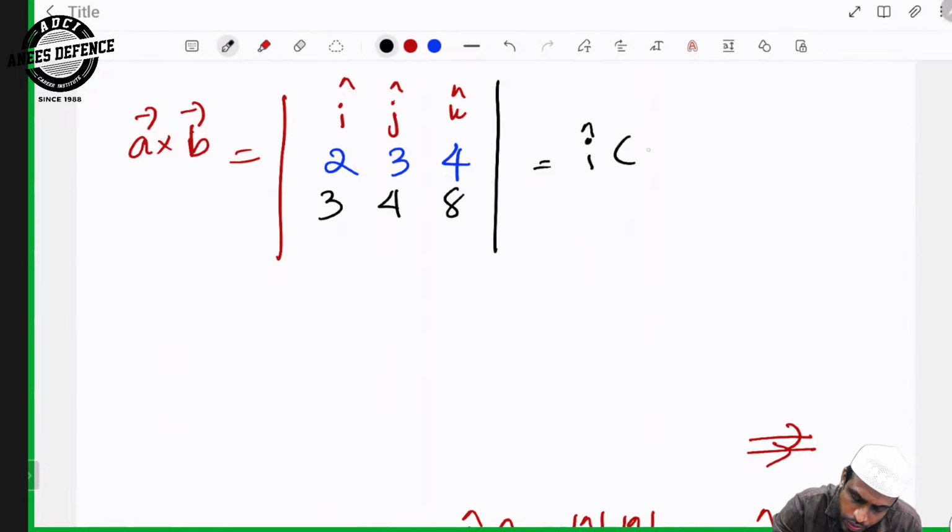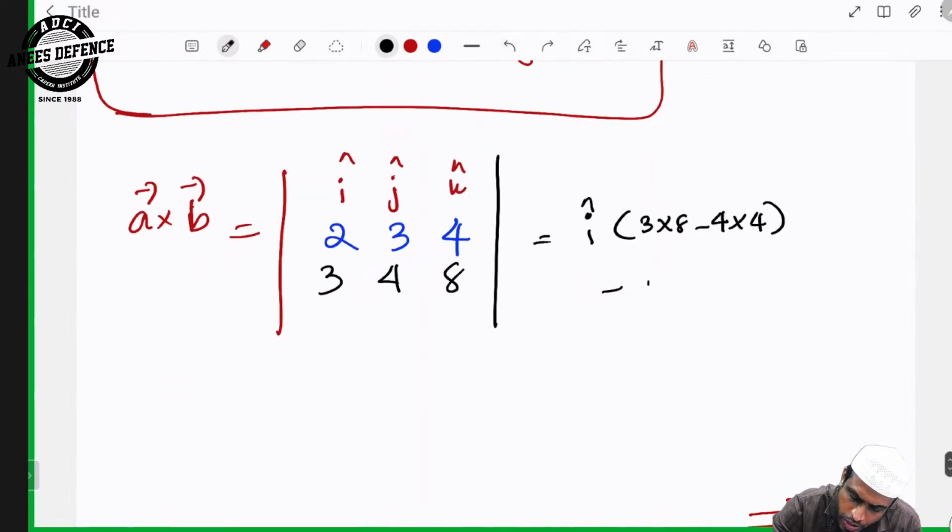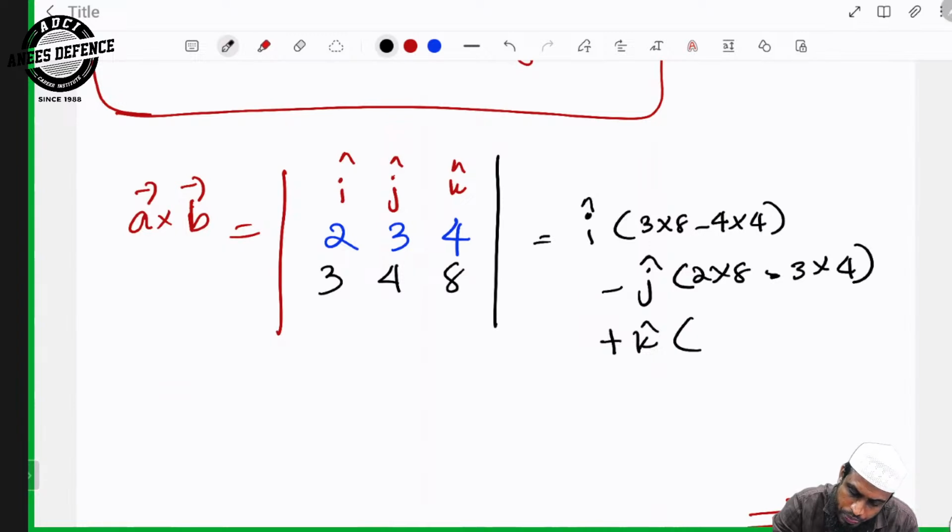So i into 3 into 8 minus 4 into 4, minus, here minus you have to write, j into 2 into 8 minus 3 into 4, plus k into 2 into 4 minus 3 into 3.